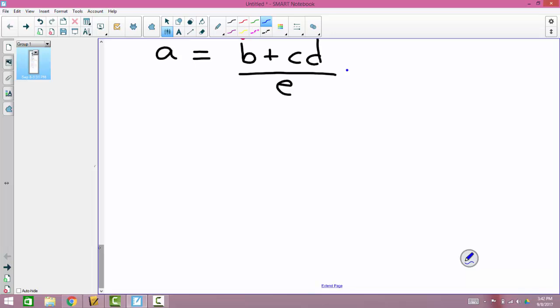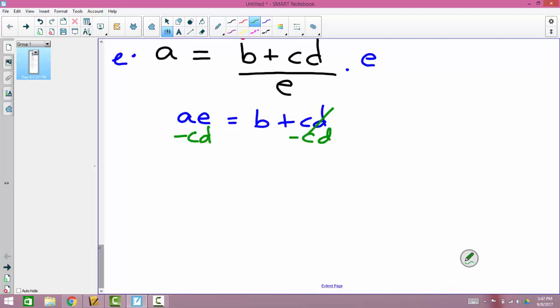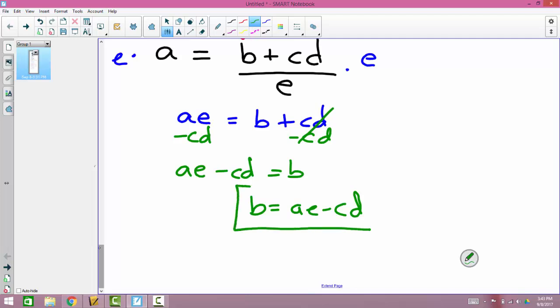In order to get the B isolated, the first thing you would need to do is multiply by E. So AE, when in doubt, write alphabetical order, equals B plus CD. Next step would be to subtract the CD. So AE minus CD equals B. And you may just want to write that with the B on the left. And that is solving for B.